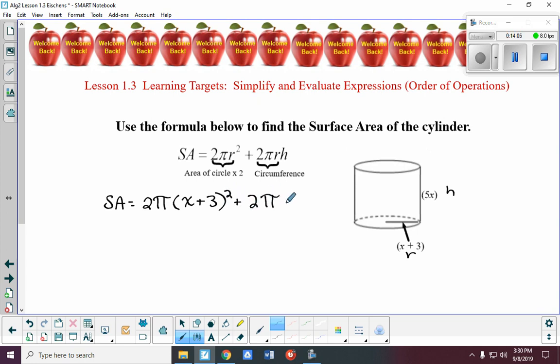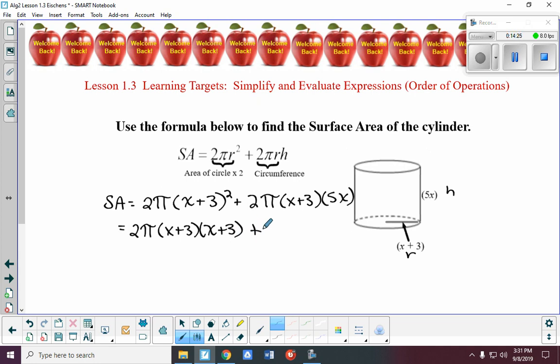The radius is x plus 3, and the height is 5x. Looks like a lot, but this will be a fun one for us. So we have 2 pi times x plus 3 times x plus 3. That's what x plus 3 quantity squared means.